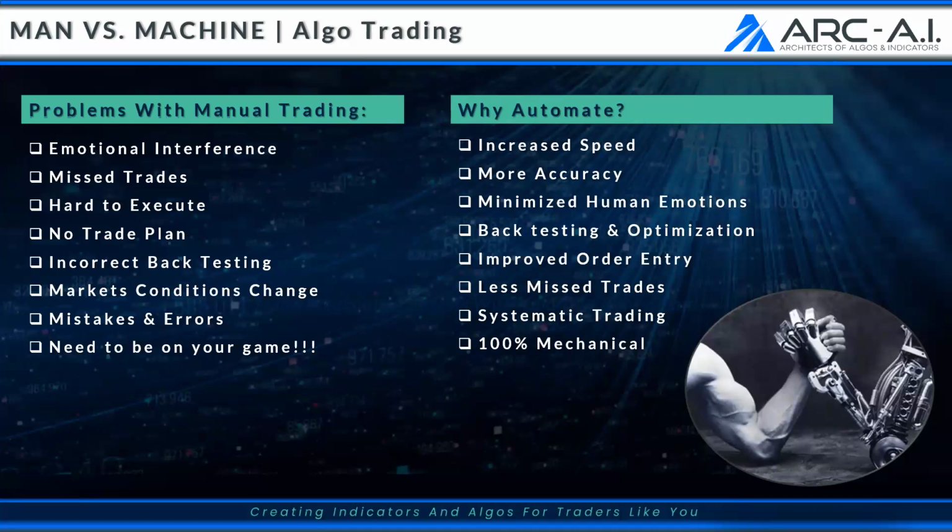Then there's a list here, and that list is valid, right? People don't have a plan, or they don't know how, they make mistakes, and they miss some trades. That's all the list that's on the screen. But I want to get into the stuff that nobody talks about. What is the number one reason why manual traders struggle? And they basically suck. Even though they're making money, they're not making near as much money as they could be. Why do you think that is?